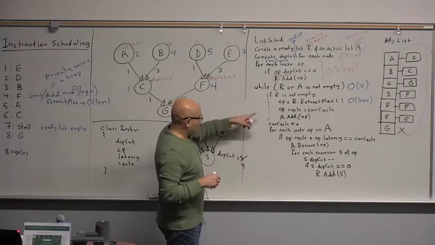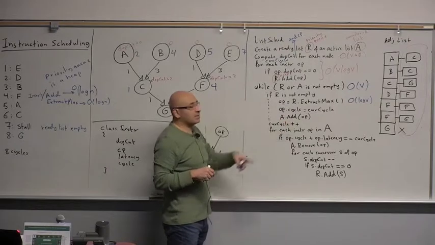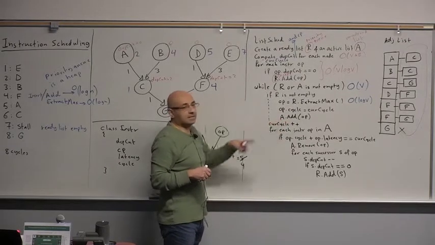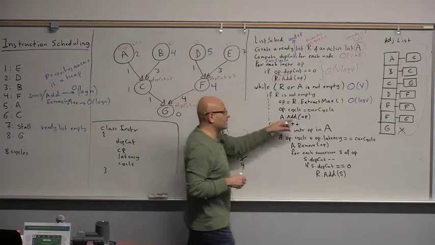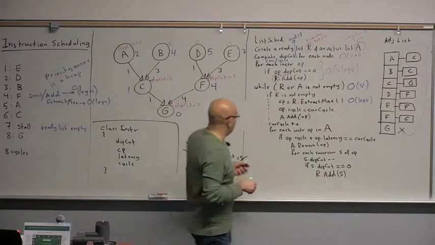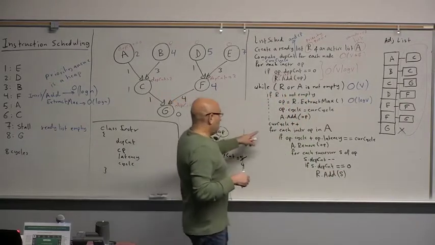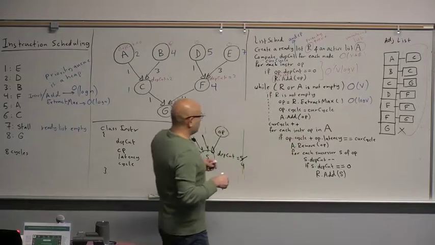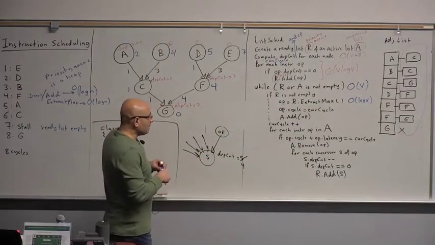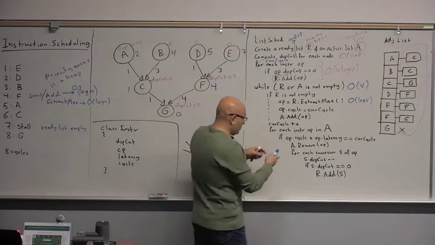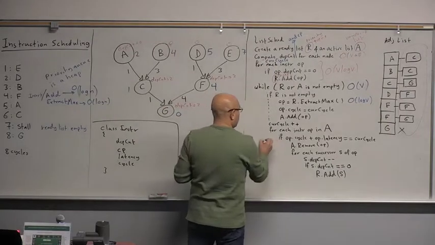Now the add is constant, because the active list is unordered, so we can insert in any order. It doesn't matter. Now here, when we look at the active list, how many times will we be doing this check for each instruction?